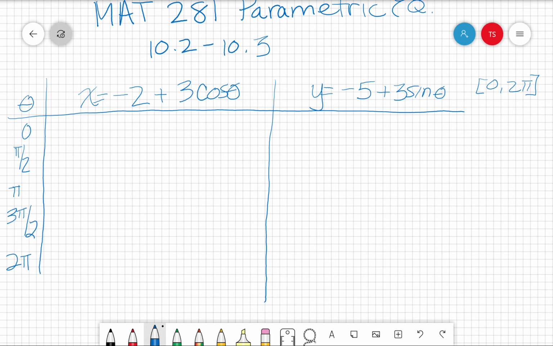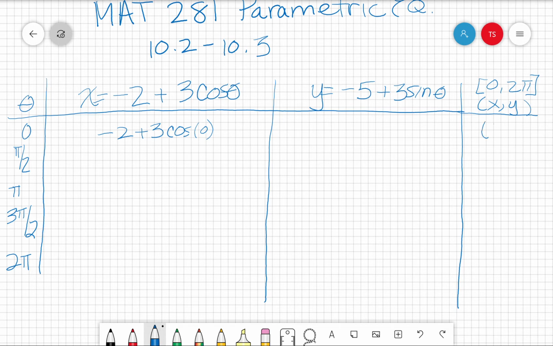And the way we fill in the table is just -2 plus 3 times cosine of theta, so cosine of 0 is going to give me the point 1. So I just want to put one last column over here, x and y.